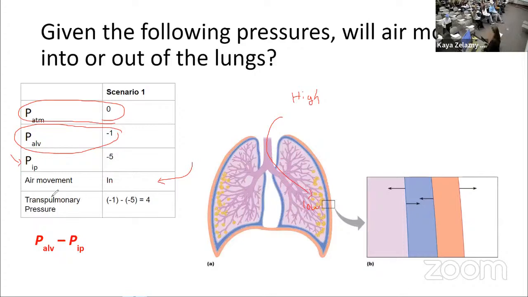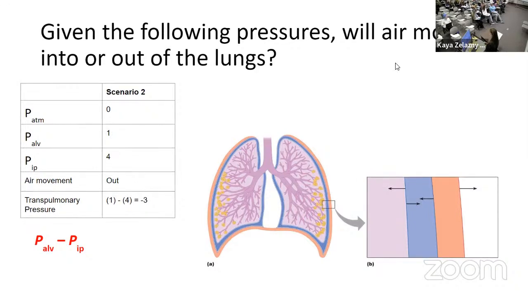So this is our transpulmonary pressure, which is just going to be our pressure in the alveoli minus that intrapleural pressure. So we take our -1, subtract out -5, so we're adding 5. So we'd get a pressure of 4 here across the wall of the lung, or transpulmonary pressure. Okay. So we can do that with each of these examples.